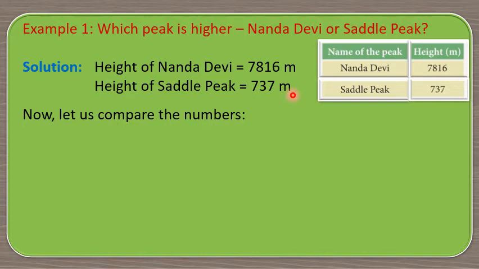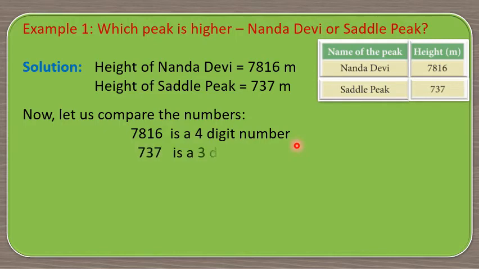Now let us compare the numbers, that is these two numbers. So when we look at these numbers, we notice that 7,816 is a 4-digit number and 737 is a 3-digit number.